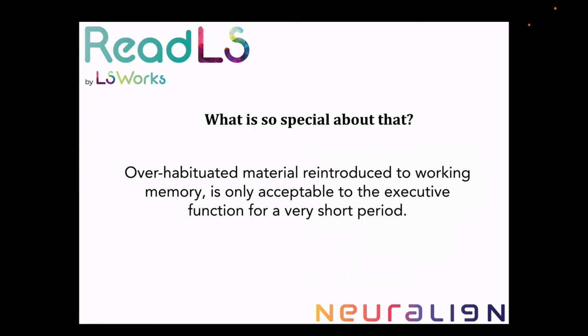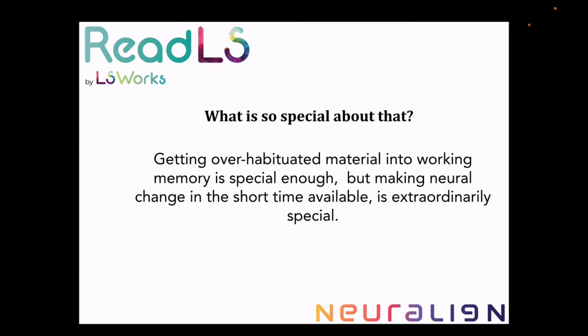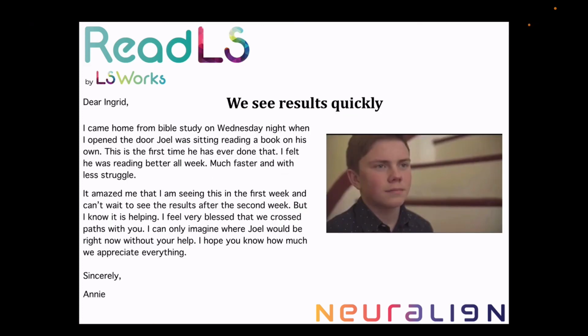Over-habituated material reintroduced to working memory is only acceptable to the executive function for a very short period of time. So getting over-habituated material into working memory is special enough, but making neural changes in the short time available is really quite special. So this is Annie, who saw the results for Joel immediately after 1 week.